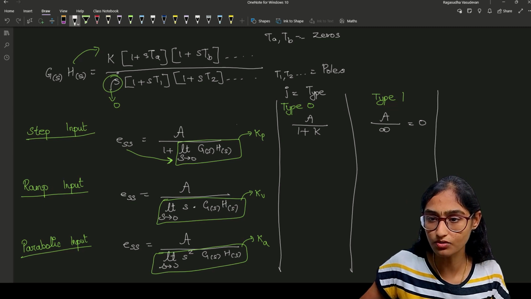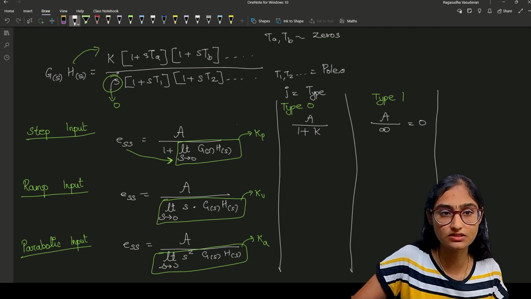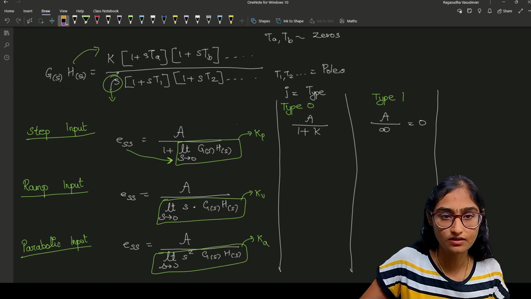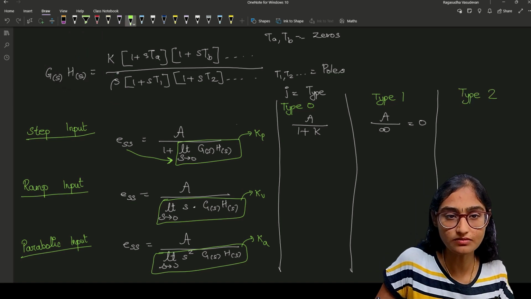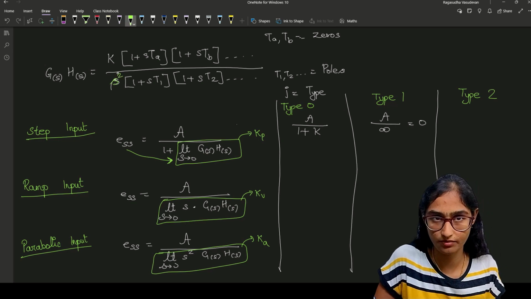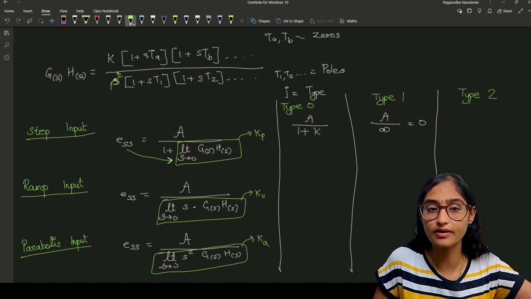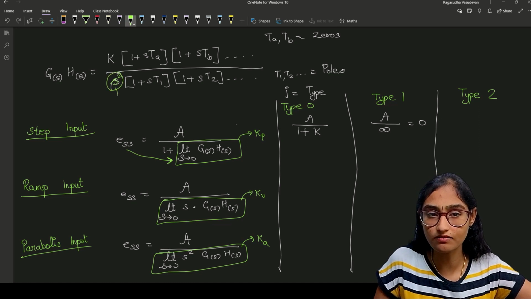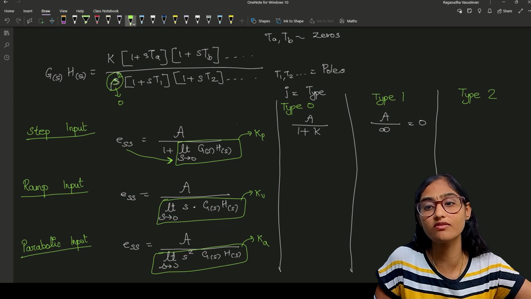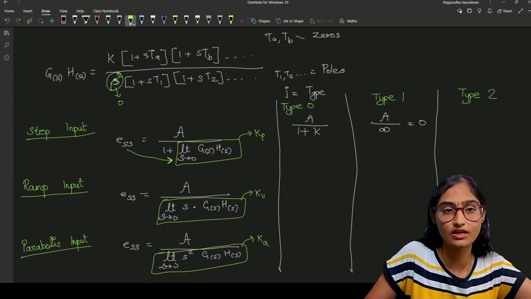What about type 2? It's the same, right? If it is a type 2 system, this s will have a power 2 on the denominator, and when s tends to 0, what will happen? This term will go to 0 and hence you will have an infinity term in the denominator again.